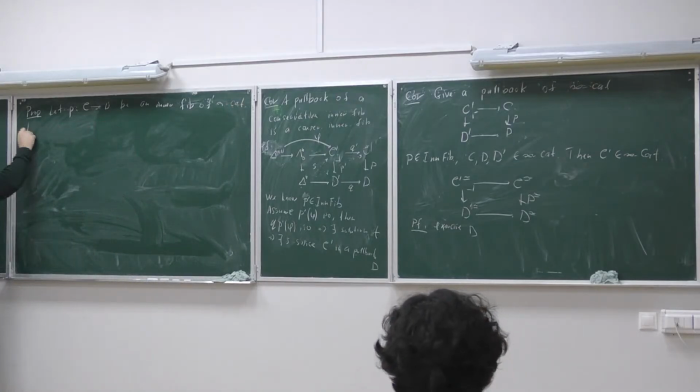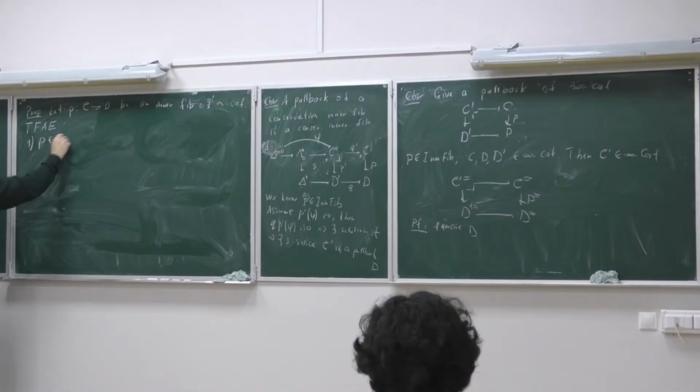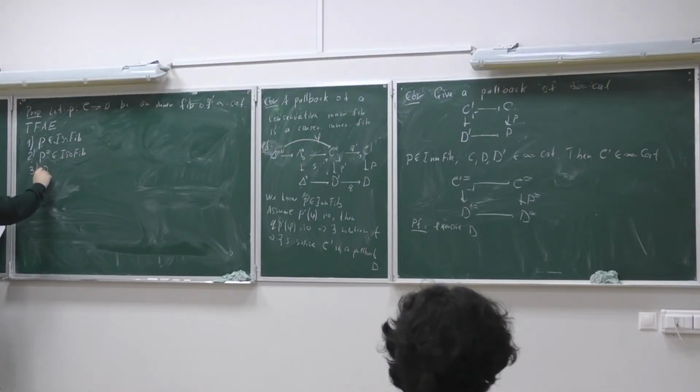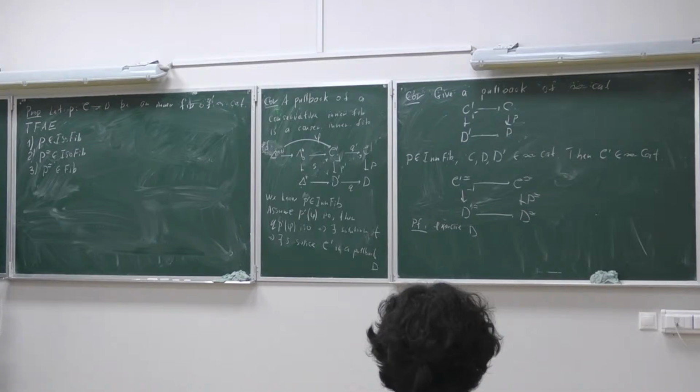Then the following conditions are equivalent. The first condition is that P is an isofibration. Condition 2 is that the functor induced on the maximal subgroupoids is an isofibration. And condition 3 is that this functor on the maximal subgroupoids is actually just a fibration, or Kan fibration, so it has all the lifting properties for all the inclusions of the horns.